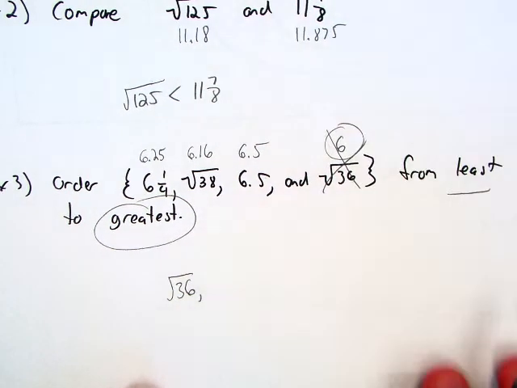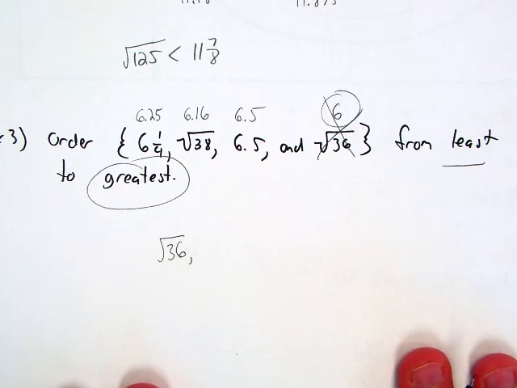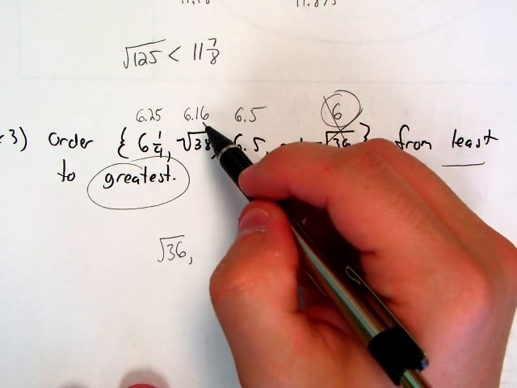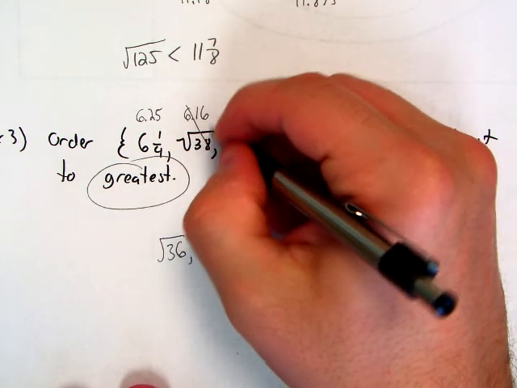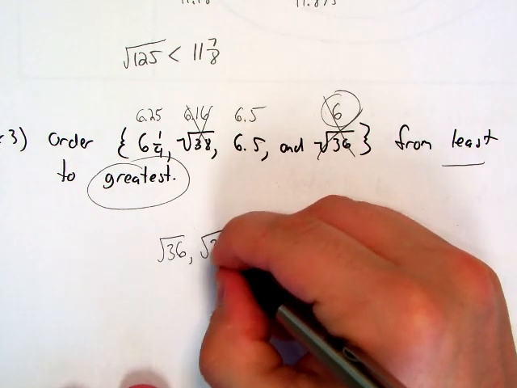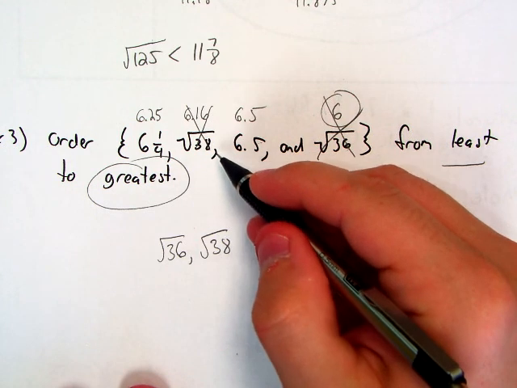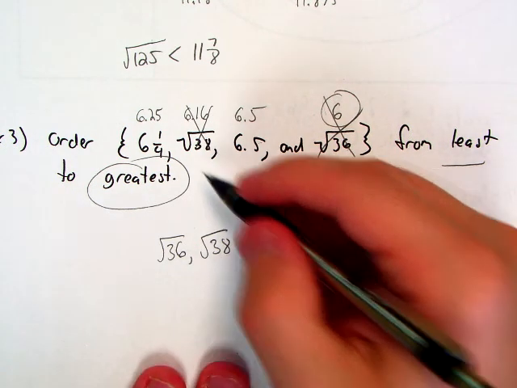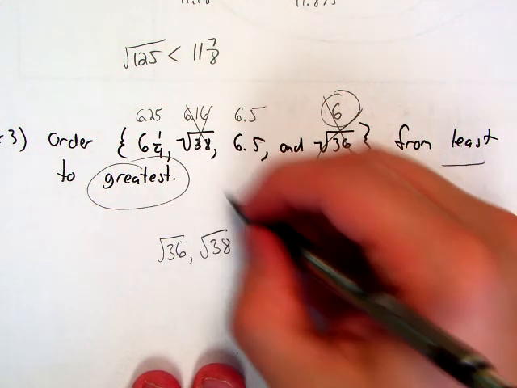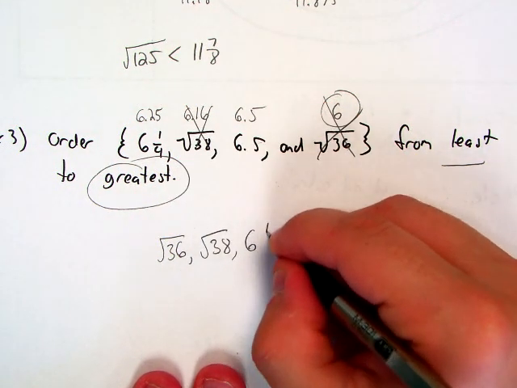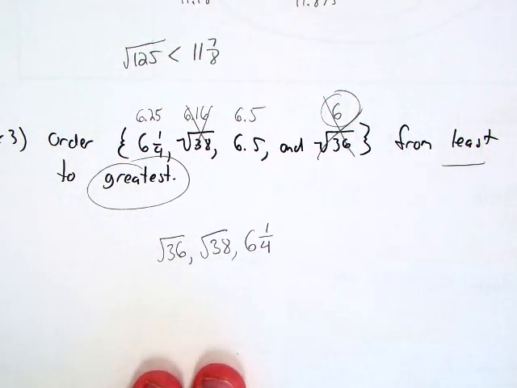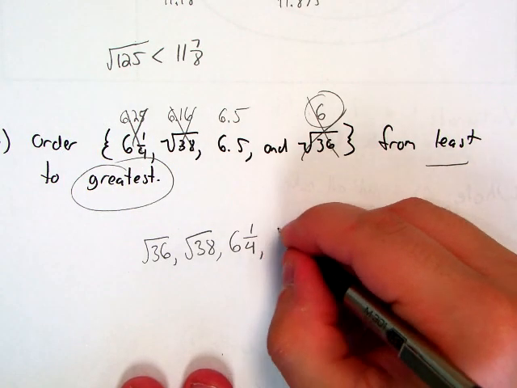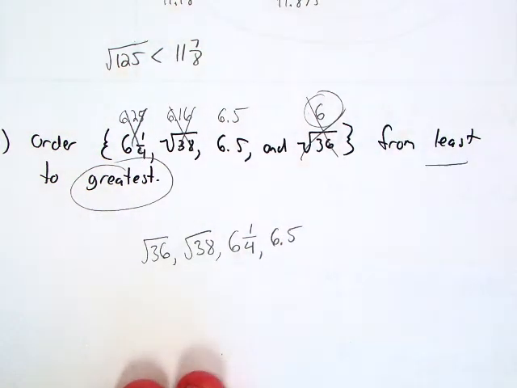And then I'm going to cross that number out so I'm not using it again. Of the next 3, 6.16 is the least. So I'm going to write down the square root of 38 because that was the original format. Next then would be 6.25. The original format of that number was 6 1/4. And then finally, 6.5.